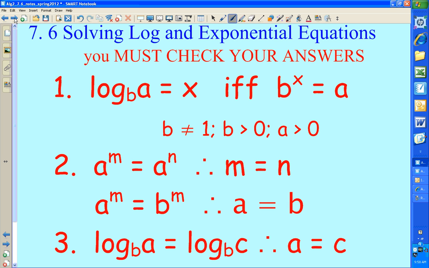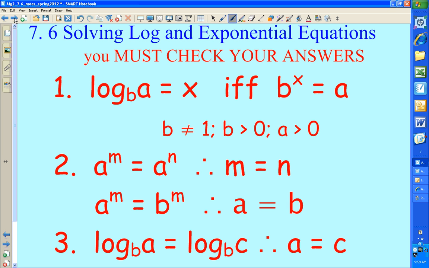Less often used, but if you have base to a power equals different base to a power and the powers are equal, the logical conclusion is that the bases are equal. So this 2b is less used, but every once in a while that's your get out of jail card.